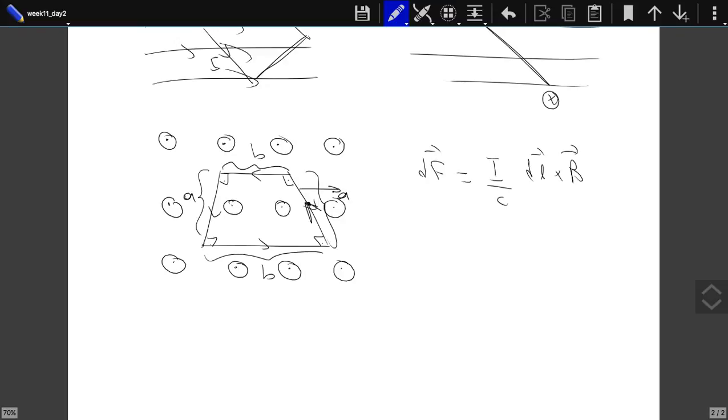So let me call it F1. The magnitude of F1 will be equal to I over C times L times A times B at that point.